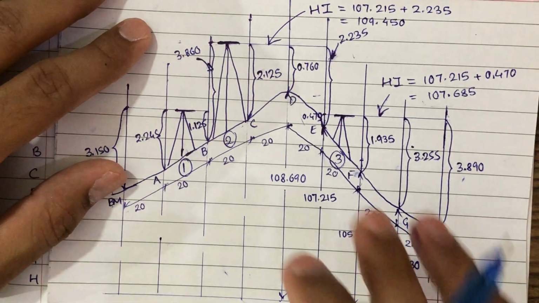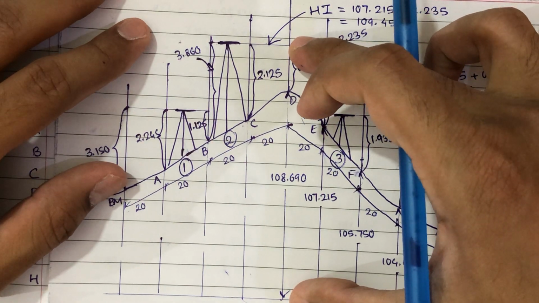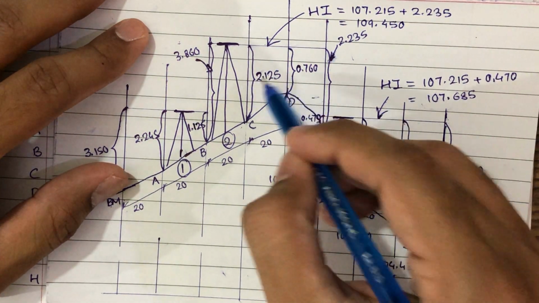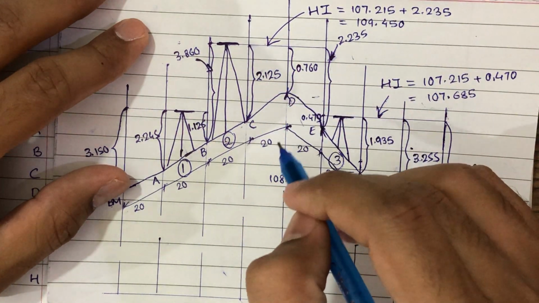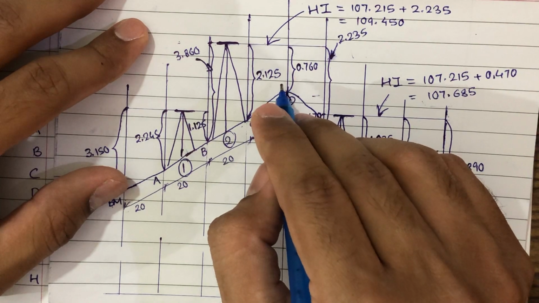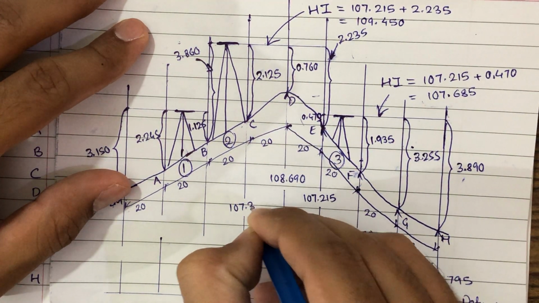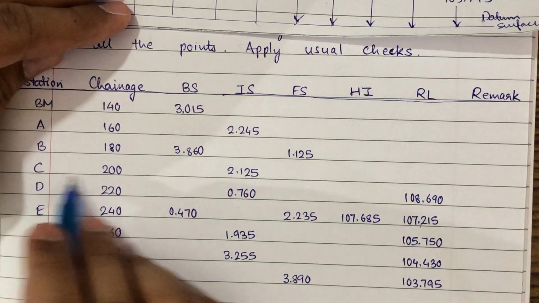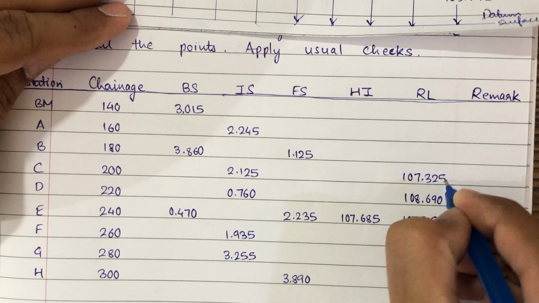Okay. Now we need to find the RL at C. So again, this HI minus this height, that is 2.125. So 109.45 minus 2.125. So this value comes out to 107.325. So RL at C comes out to 107.325.